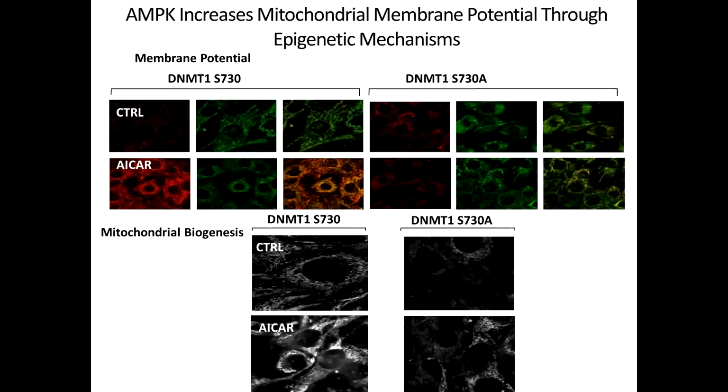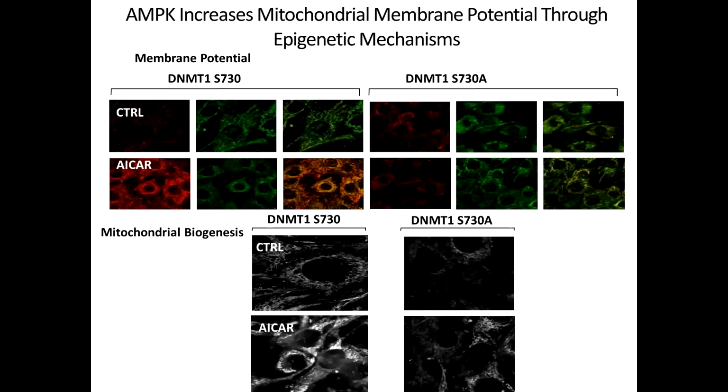Okay, and what you see up there when it says DNMT1 S730 and DNMT1 S730A, we actually cloned that gene and mutated the serine that AMPK would phosphorylate to an alanine, so that's why you see S730A on the right side. When there's an alanine there, AMPK cannot phosphorylate it. So we mutated DNMT1 and we lost that effect.